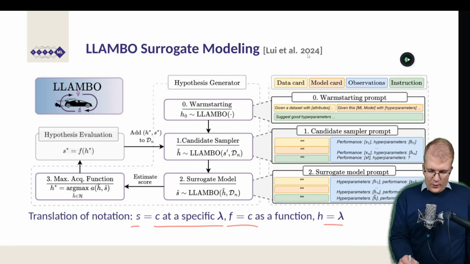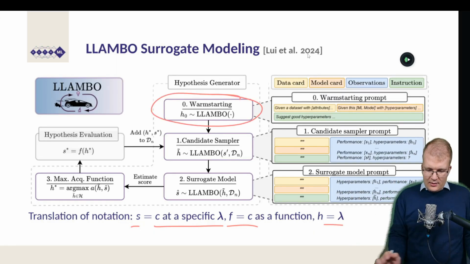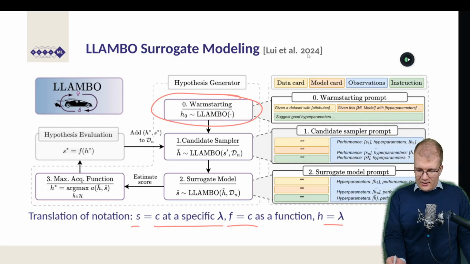So what we're doing is we warm start LAMBO with, as I said, this kind of dataset with attributes, the machine learning model, what kind of hyperparameters it has, and so on, and then have a prompt saying what to do.